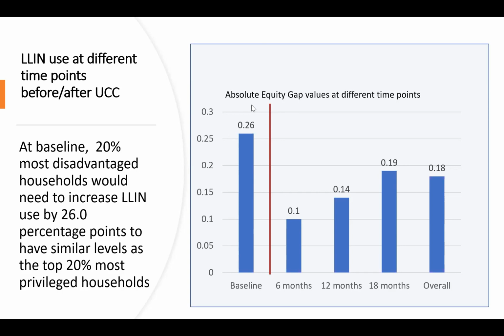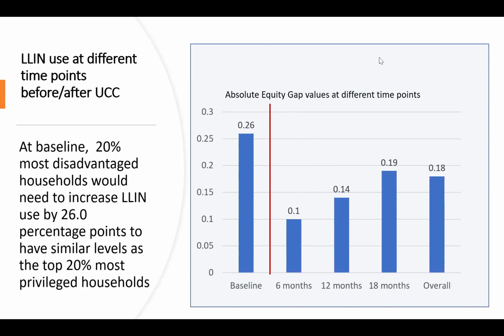But we clearly see that at baseline alone, the 20% most disadvantaged households would need to increase LLIN use by 26 percentage points in order to have a similar level to the top 20% most privileged households.